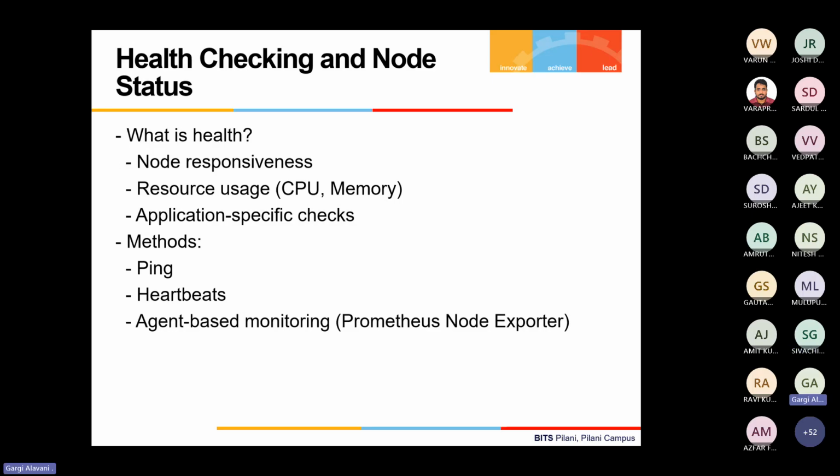There are some more sophisticated systems than a ping or heartbeat, such as agent-based monitoring. One example is Prometheus node exporter. It collects CPU, memory, and disk metrics for real-time insights of all the nodes that exist. You can check this system, and this can help tell you that your node is healthy.